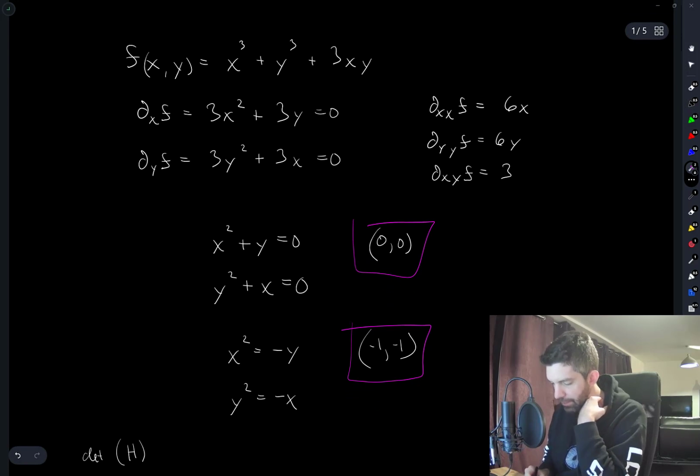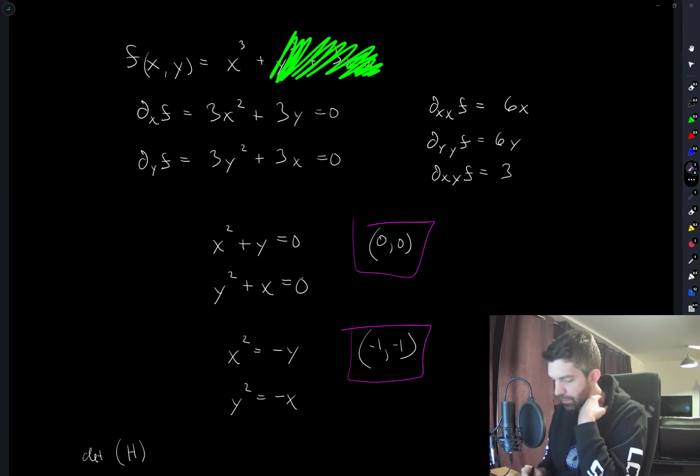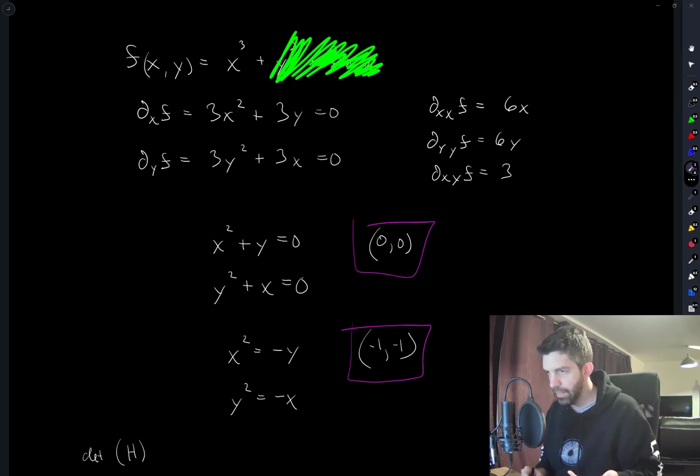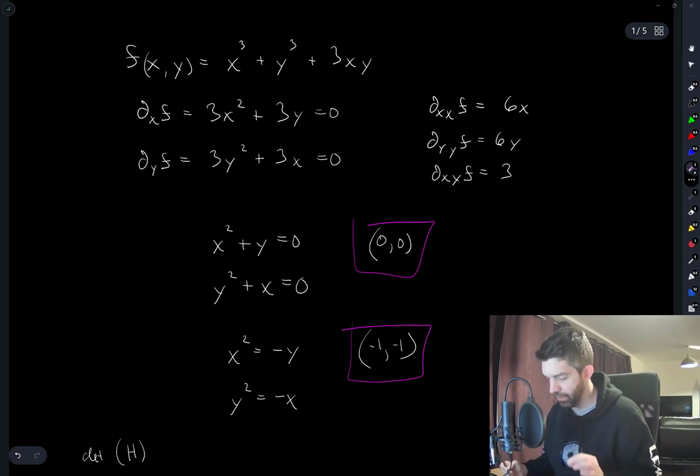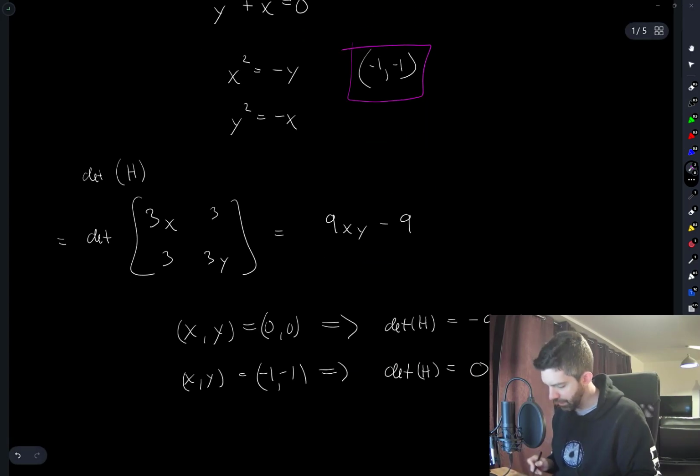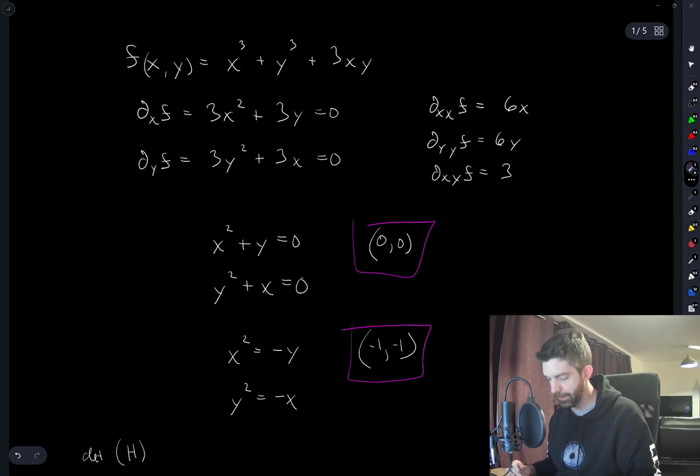If I let y be equal to 0, then we have x cubed. So it's neither a minimum nor maximum because the value of the function is 0, and I can make it slightly positive or slightly negative by changing x a little bit. But we've already determined that it's a saddle point. But what about at -1?